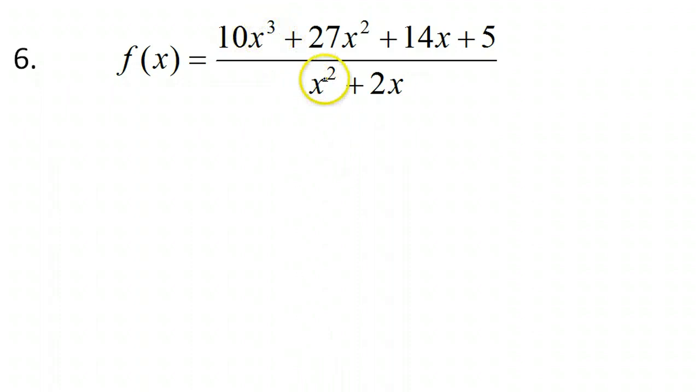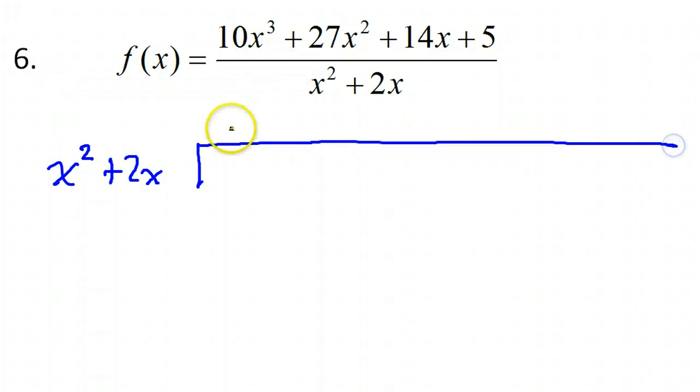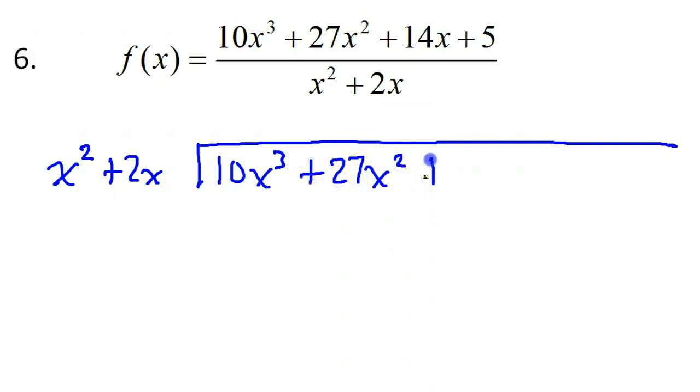Again, notice that the top degree is 1 higher, so you know there's going to be a slant asymptote. We must divide to find the slant asymptote. So long division is the only thing that's going to work here. So x squared plus 2x, and there's my 10x to the third power plus 27x squared plus 14x plus 5.